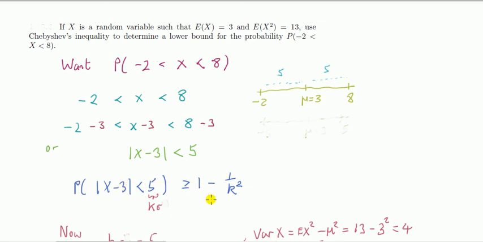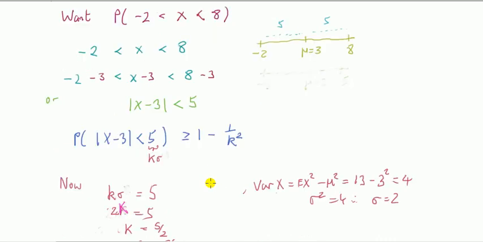We still need, though, to find the right hand side k. Let's look at this thing here and compare it to the theorem. This theorem says that k standard deviations is equal to 5. We need to find k, but we don't know what sigma is.